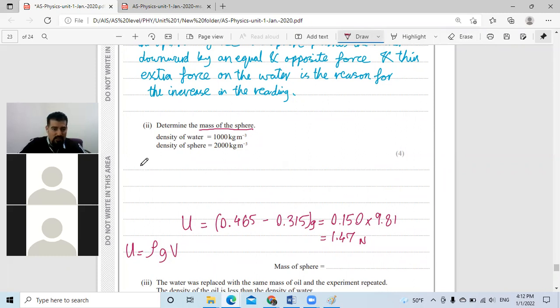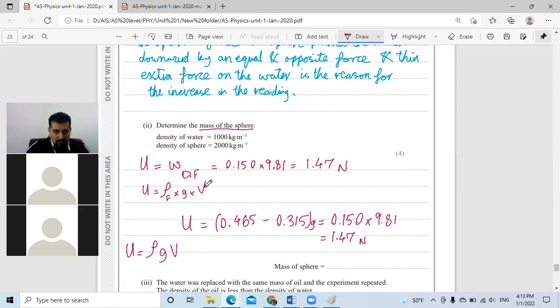Equal weight of displaced fluid, which is equal to 0.15 multiplied by 9.81, which is equal to 1.47 Newton. طيب هذا شو equal؟ هذا equal density of the fluid multiplied by g multiplied by volume displaced. Now I want to find the volume.